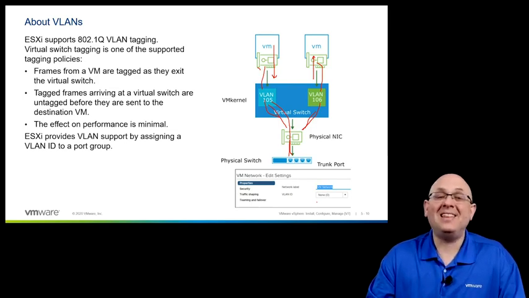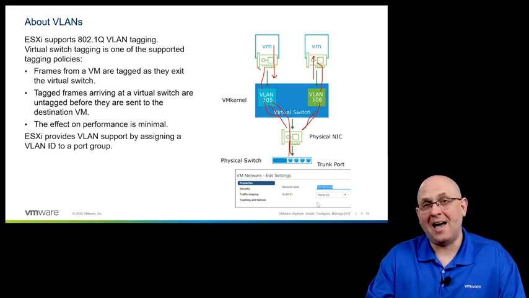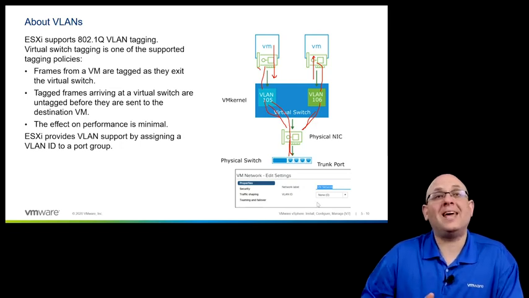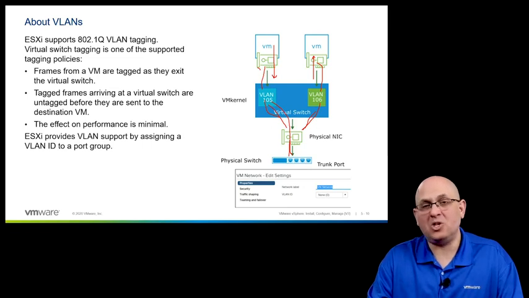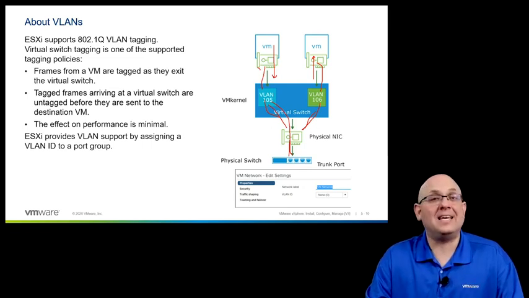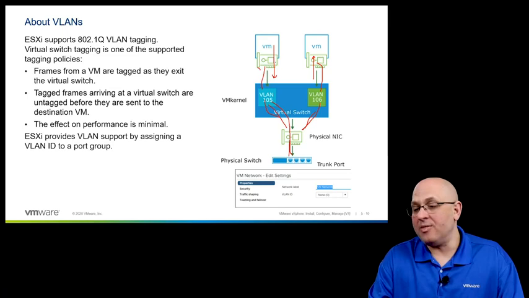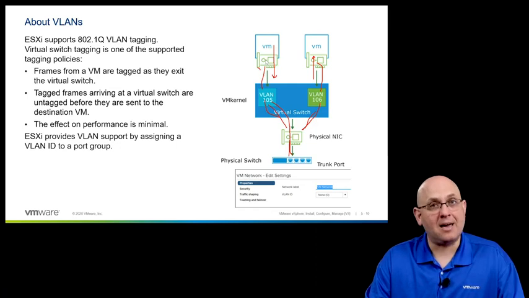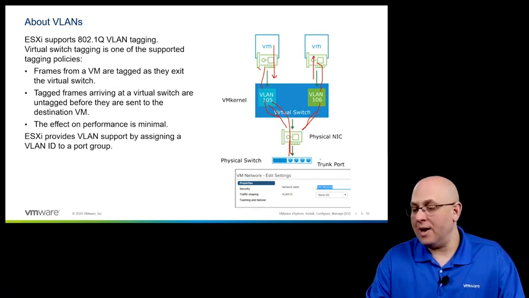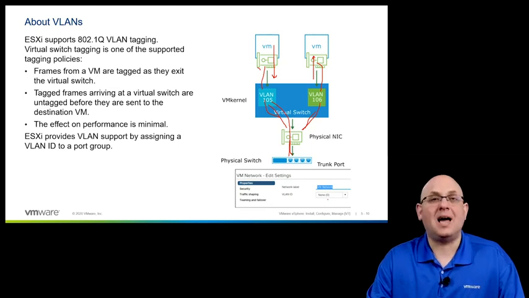It can be VLAN 4095, which means we want to take all the VLAN traffic and pass it through the virtual machine port groups with the VLANs intact and allow the virtual machines themselves to deal with the VLAN tags. We call that guest tagging. Or we can actually specify the VLAN ID right here and type in the number.